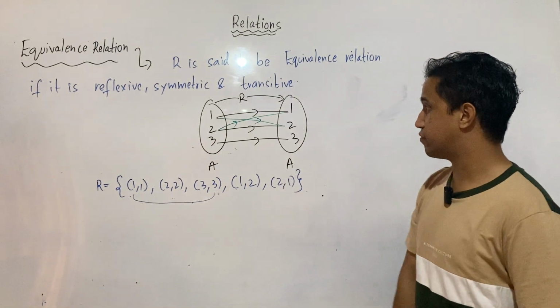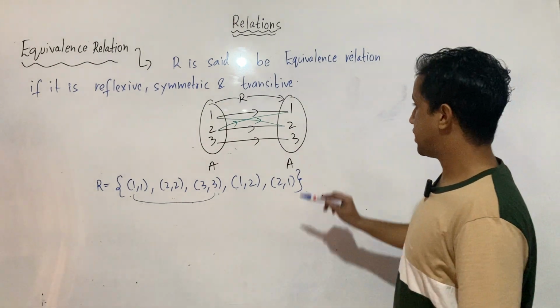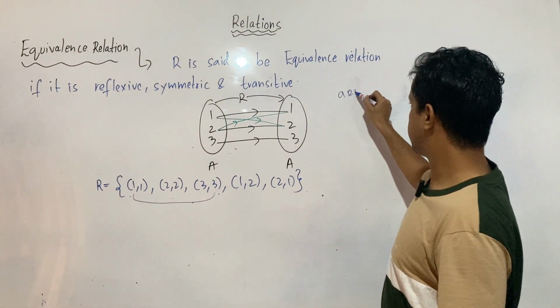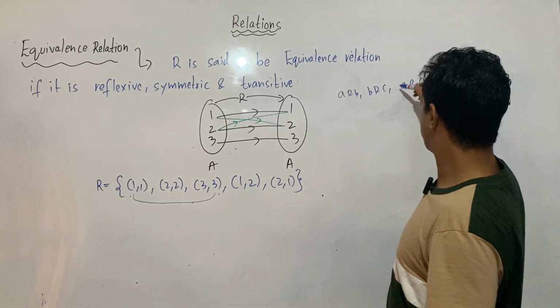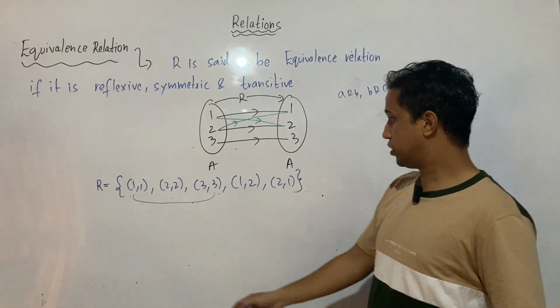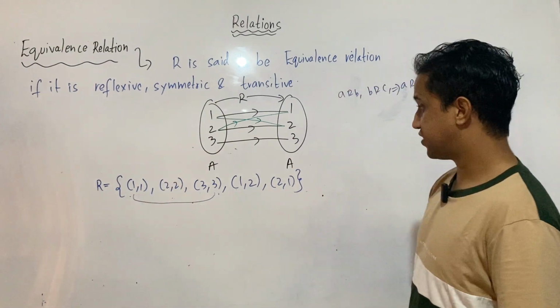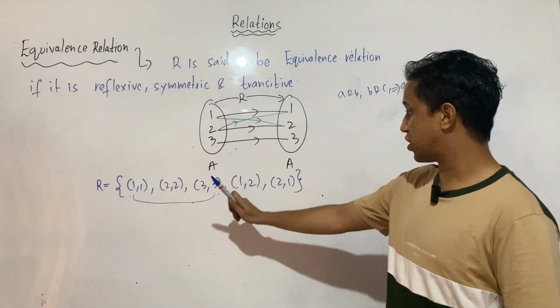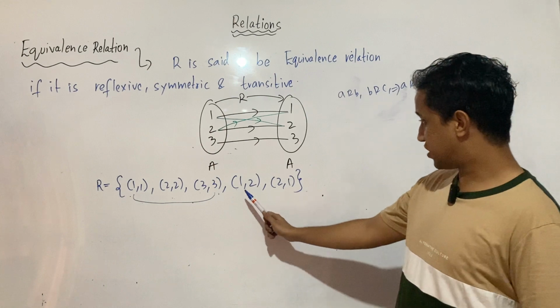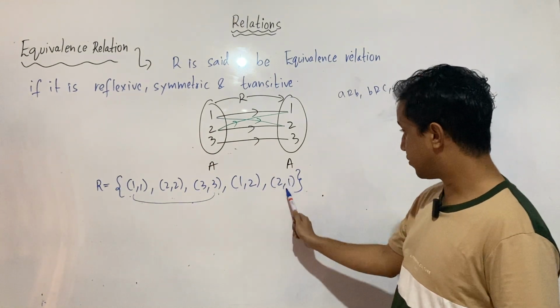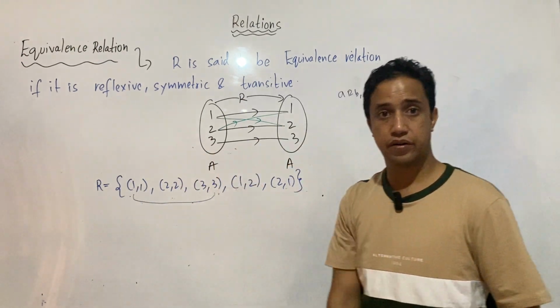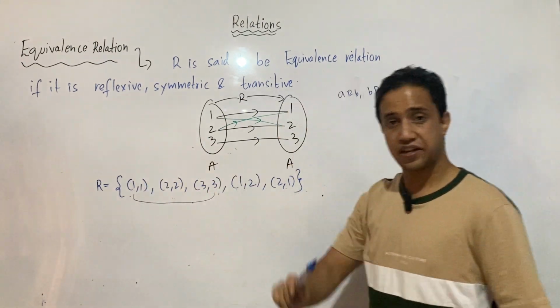Then transitive, which says that if A is related to B and B is related to C, then A must be related to C. Yes, this is transitive. 1 is related to 2, 2 is related to 1, then 1 must be related to 1, and it satisfies that.